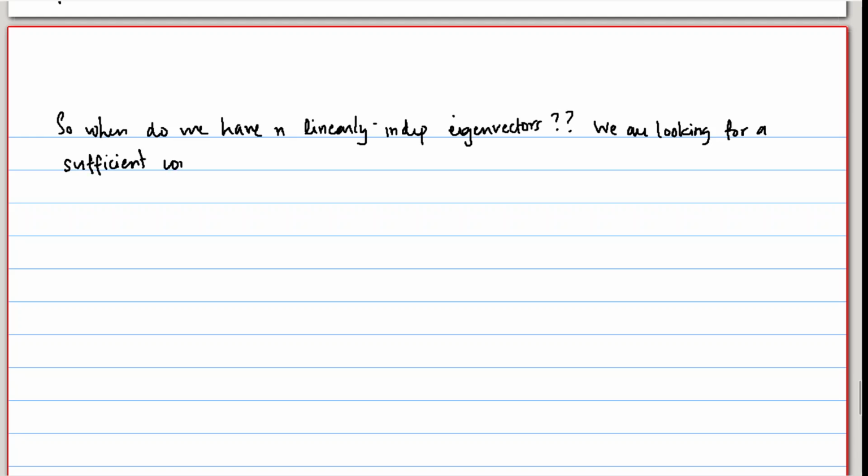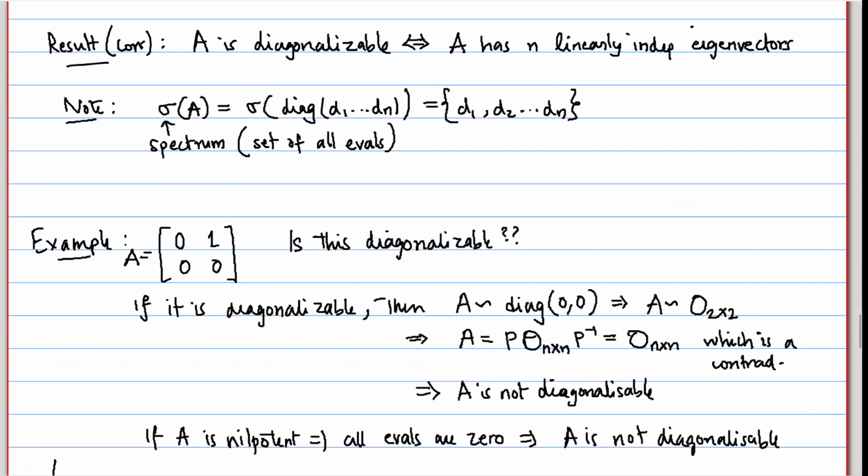What does that mean? That means we are looking for some condition that should imply diagonalizable, right?